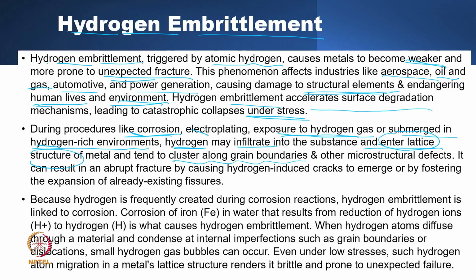Now, grain boundaries are already weak planes. We know that even corrosion will affect the grain boundaries, but here the hydrogen is really getting clustered around the grain boundaries. Naturally, the damage will be more and more. This becomes more like a microstructural defect, and that is why there is a possibility of abrupt fracture.